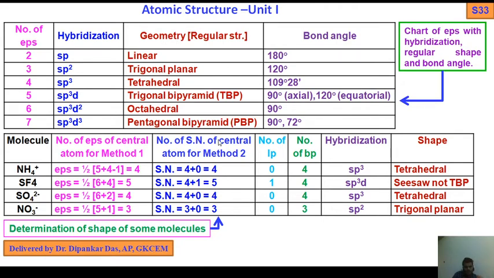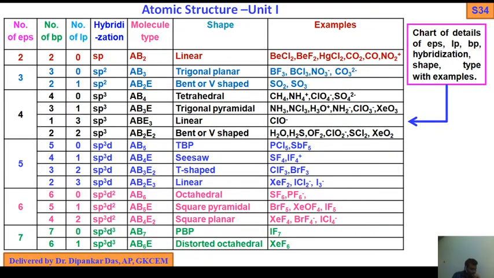If you go to method 2, SN, steric number. So SN 4 plus 0, 4, same way. SN 4 plus 1, 5, 4 plus 0, SN 3 plus 0. Okay. So better you remember this rule 1: number of EPs of the central atom. Next, move on.